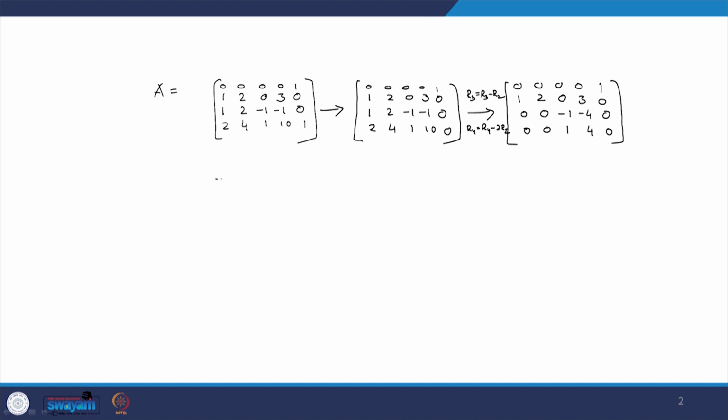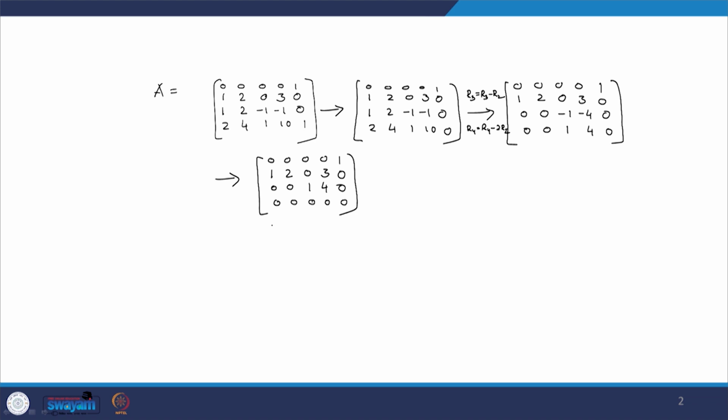So, I do elementary row operations again, keeping the first and second rows as they are. Since I have to make the leading entry 1, I divide the third row by minus 1 and get 0, 0, 1, 4, 0. Then if I add it to the fourth row, I get 0, 0, 0, 0, 0.